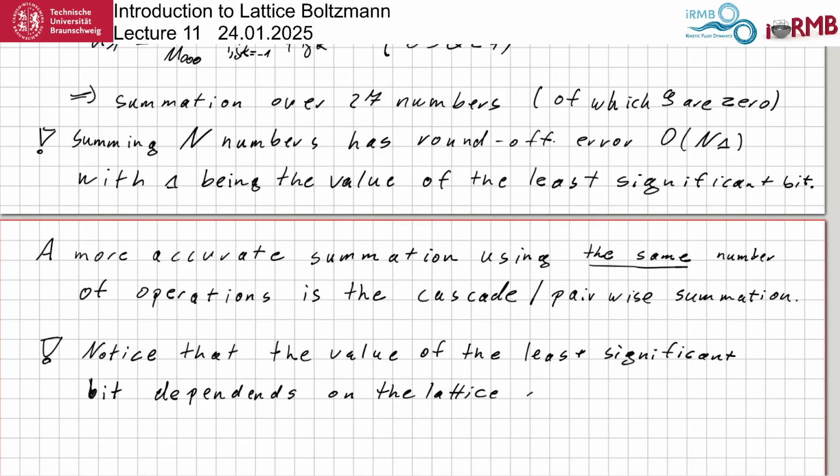By the way, this is also the case, even though we argue now with the unmodified populations, this is also the case for the modified populations, just to a different extent. In our case, the least significant bit is given by the ghost moments, right?